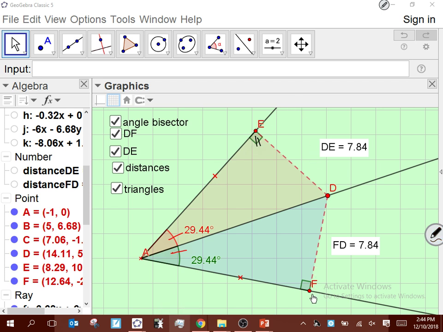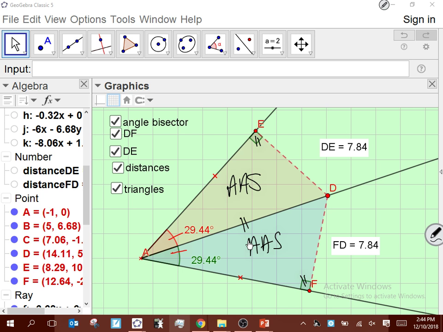So we know that angle and that angle are both right angles, correct? What segment is in both triangles? Yeah, DA. So now do you have an angle, another angle, and then a side that is non-included, and then down here in the blue one, an angle, another angle, and then a side that is not included? So those two triangles are congruent by AAS.